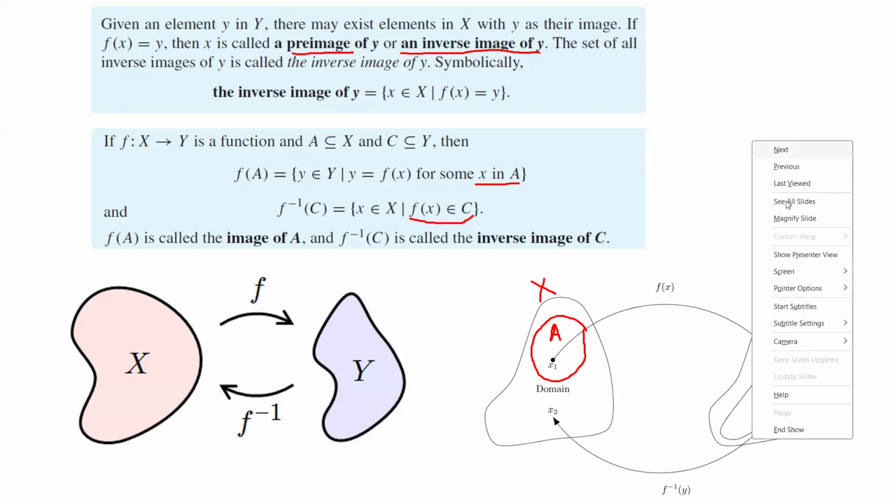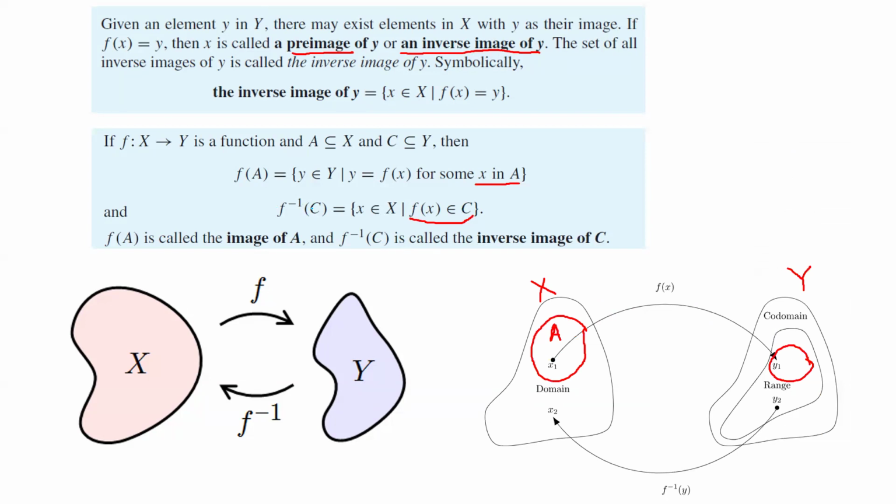Now, let me change the color. If you take C as a subset of Y, this is your C. The inverse image is defined.